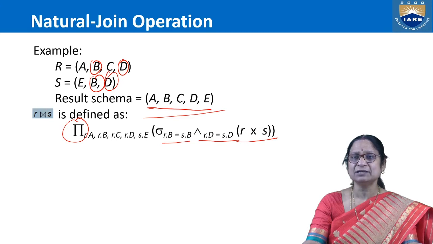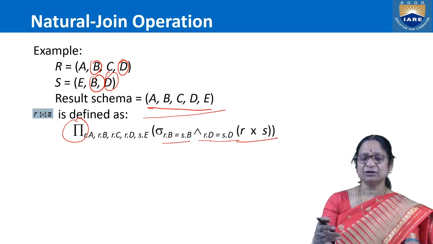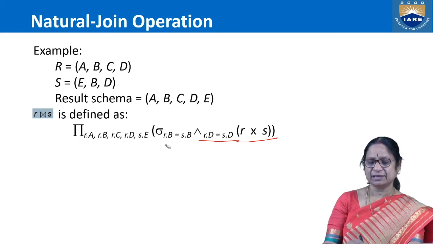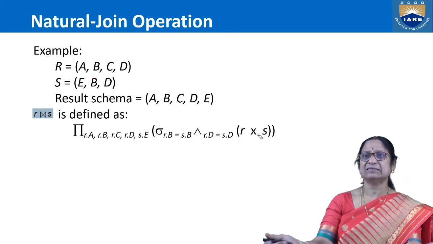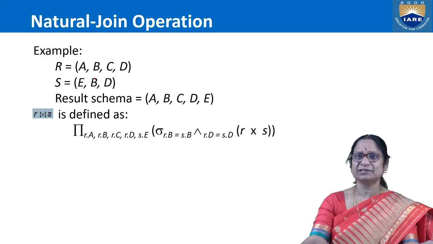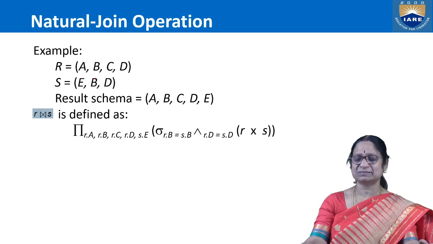What is that subset? Common attributes having common values, that is sigma. The selection operator we used here is sigma, satisfying the two constraints, because two common attributes are there. If n common attributes are there, n constraints must be written.